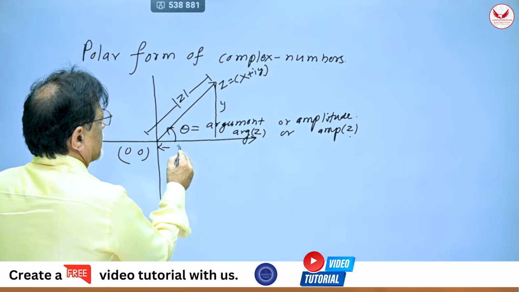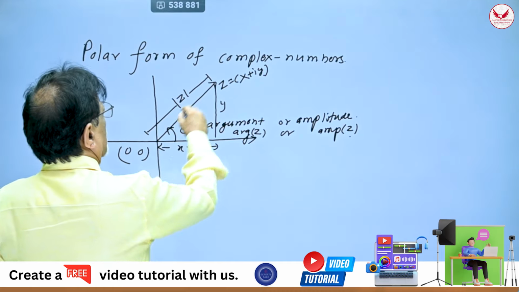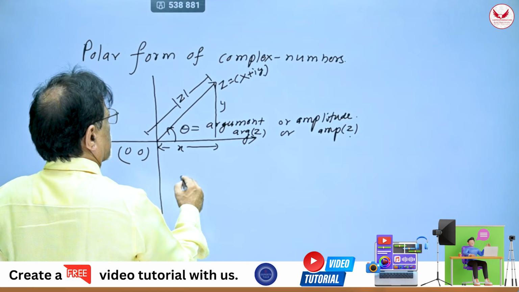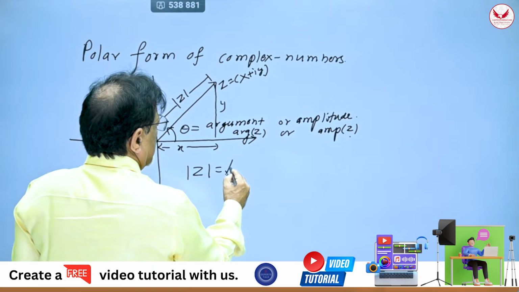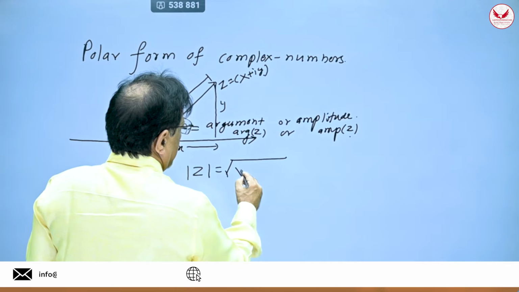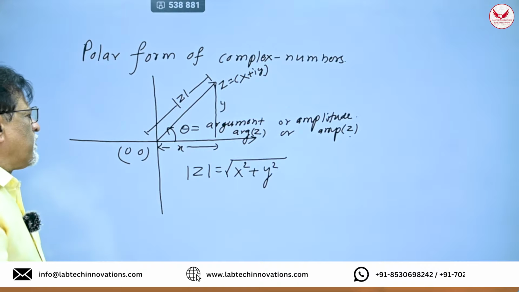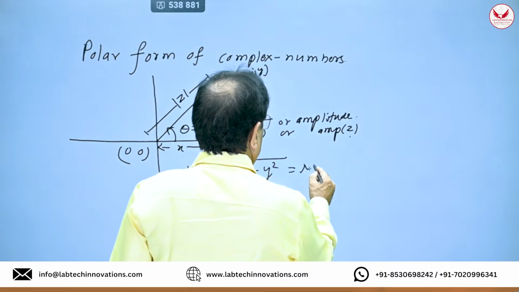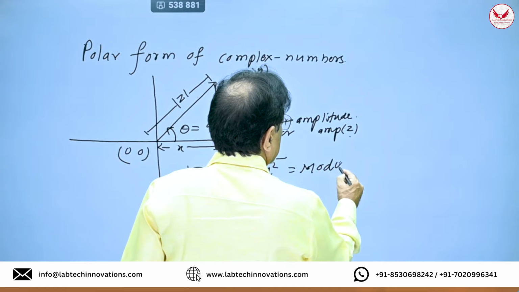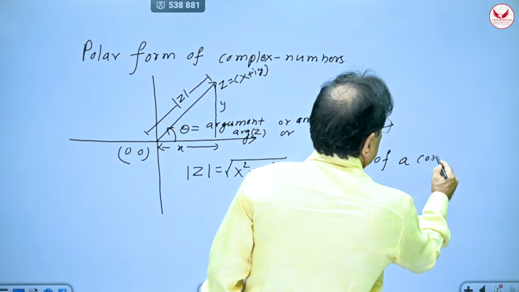And this distance is x. Very clear. So, by Pythagoras law, you know how much is this distance. So, the distance that is mod z of the complex number is nothing but, by Pythagoras law, square root of x square plus y square. It is called modulus of a complex number.